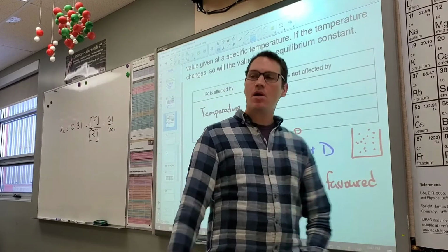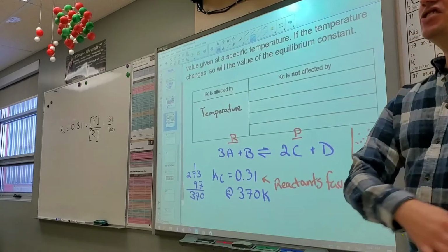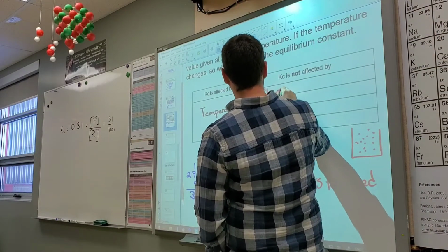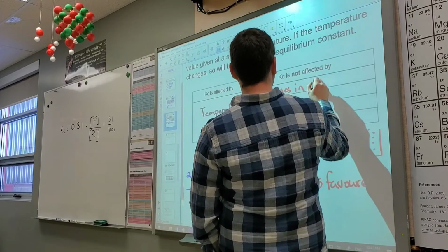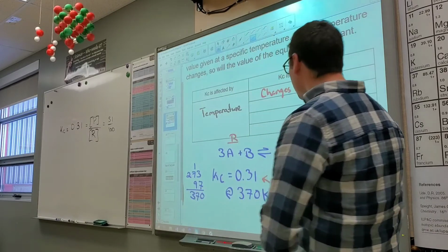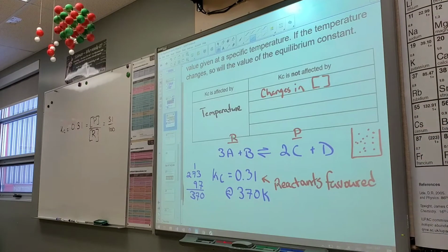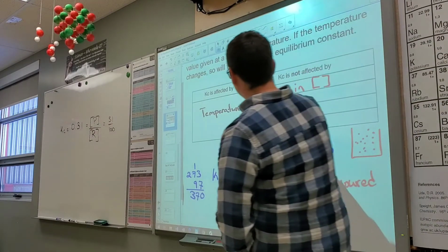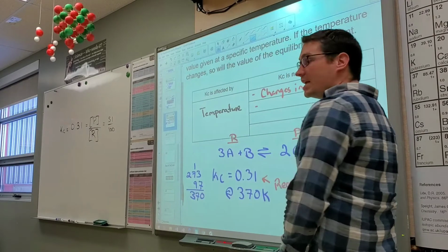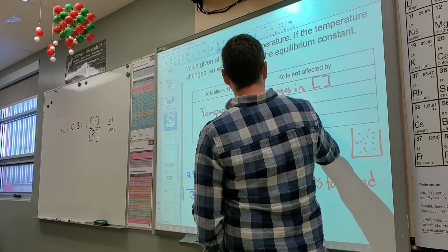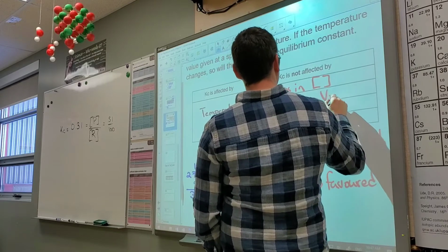Kc is not affected by changes in concentration. That doesn't do anything to Kc for the most part. Kc is not affected by changes in volume.